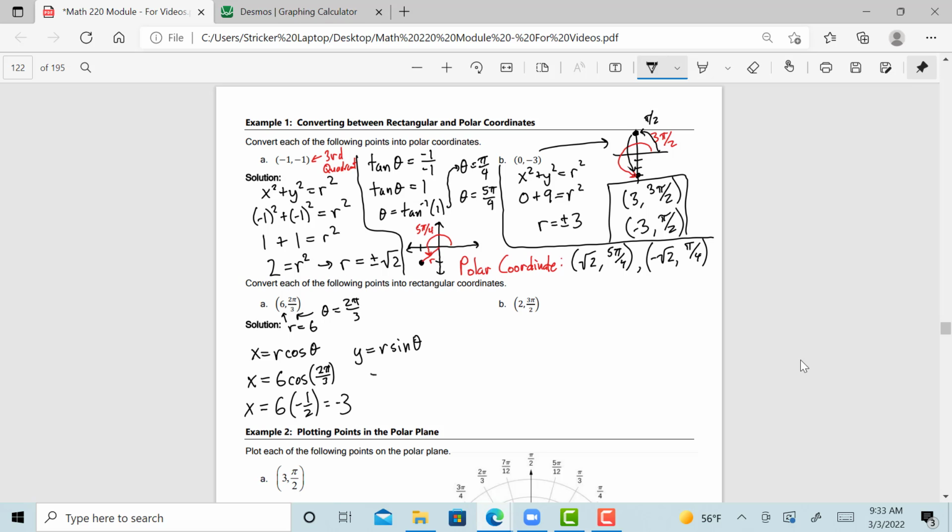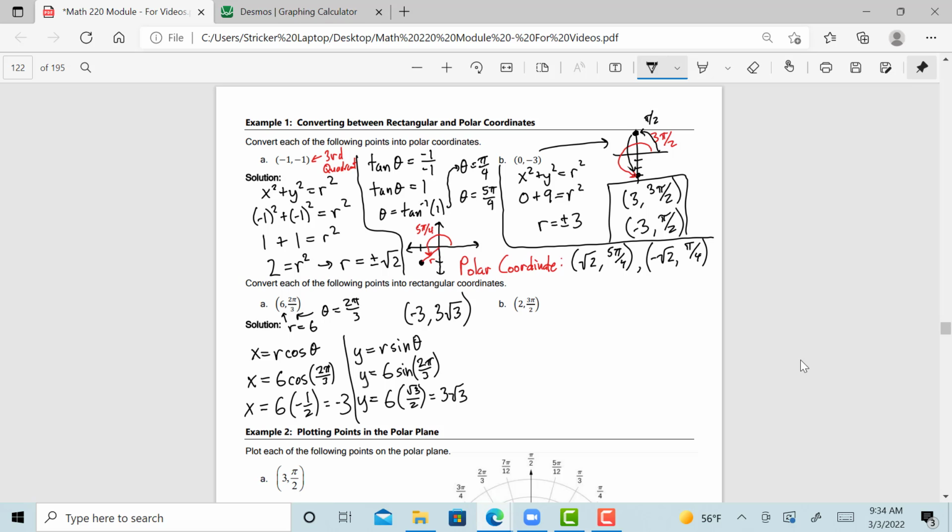And then over here we have 6 times the sine of 2 pi over 3, and the sine of 2 pi over 3 is root 3 over 2. So this is 6 times root 3 over 2, which is 3 root 3. So our answer here is that x is negative 3 and y is 3 root 3.